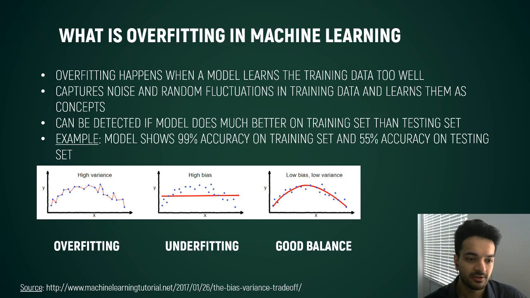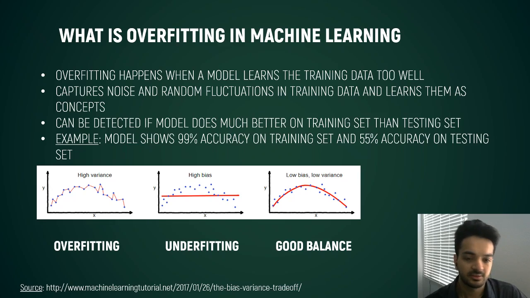So in the image below, you can see overfitting where the model has captured all the single points in its predictions in the training set. So this shows high variance, and you can see that most of the noise and random fluctuations have been captured here.